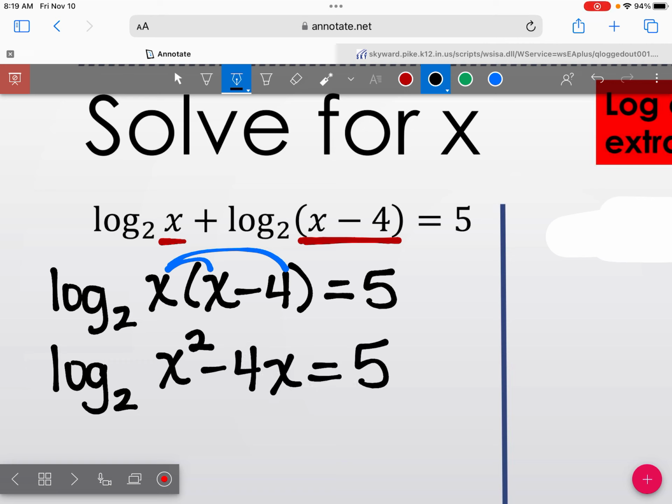So we only have a log on one side, so we need to do a rewrite. And when you rewrite it, it would be 2 to the power of 5 equals x squared minus 4x.